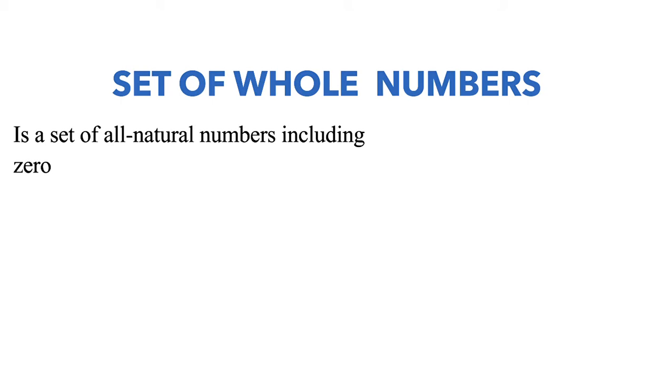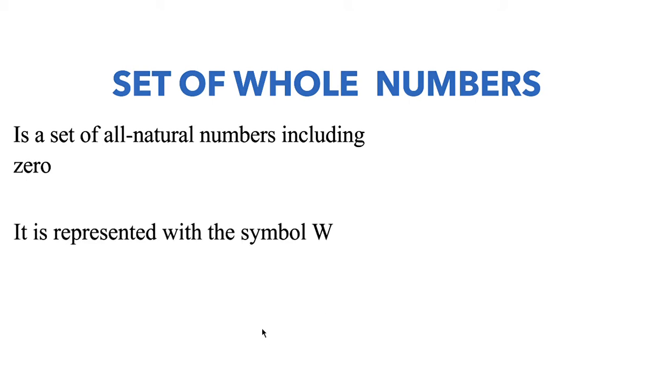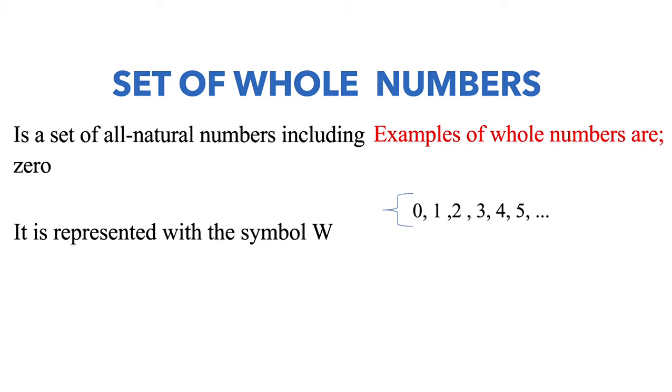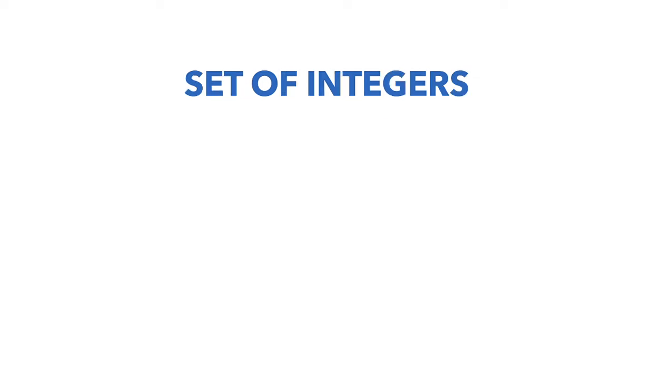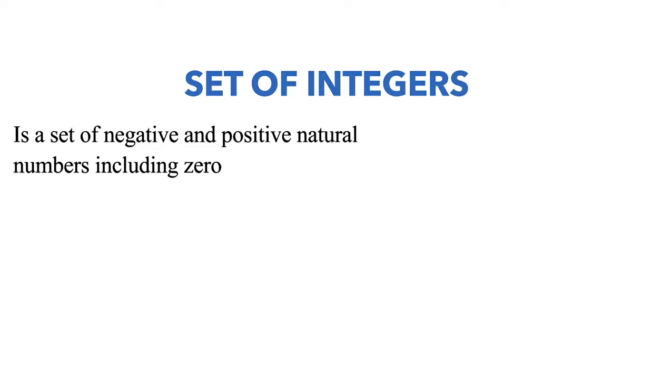That means that 0 and all the natural numbers make up whole numbers, and whole numbers are represented with the symbol W. Examples of whole numbers include 0, 1, 2, 3, 4, 5, 6, 7, 8, 9, and so on and so forth.